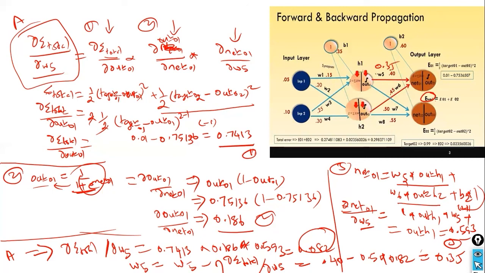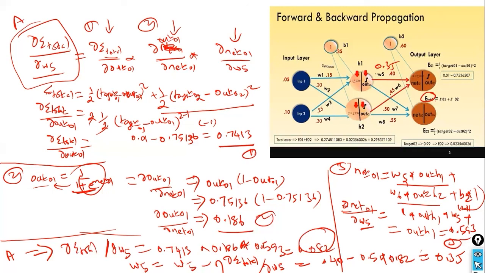Now we got the new weight, 0.35. Likewise, you need to take the partial derivative for all these things. The next step is we need to take the partial derivative for your hidden layer. The same thing you need to do here.